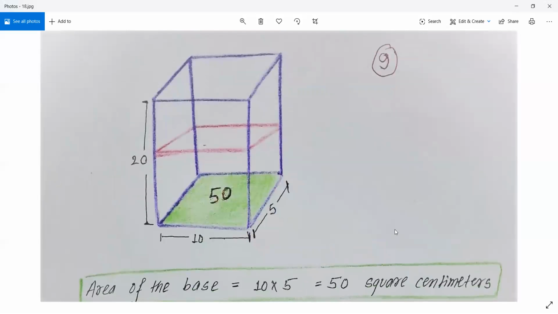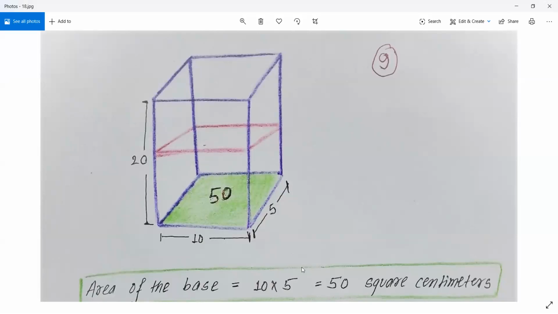So this is the picture. Since I have mentioned the height, because it's given in the question. So base is 10 by 5. So basically the area of the base of the rectangular tank is 50. All right. So maybe it's half full, so I just mark this red circular line.